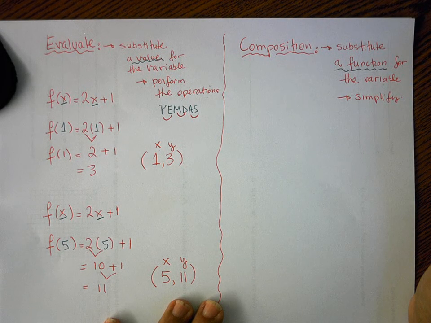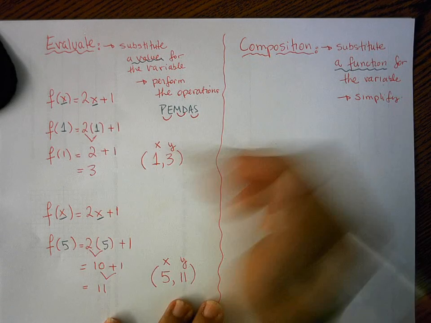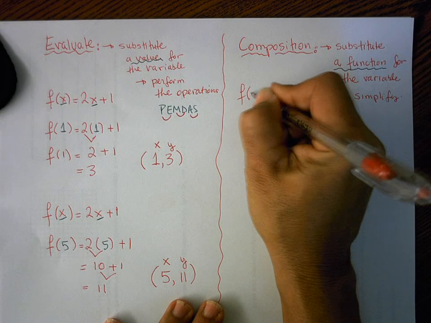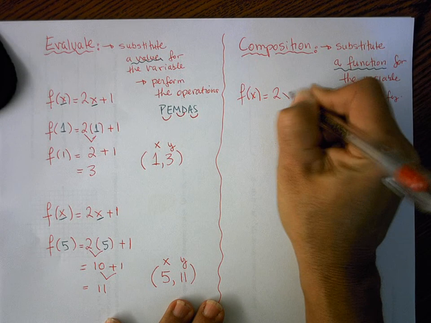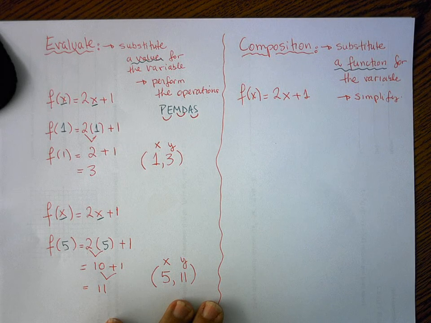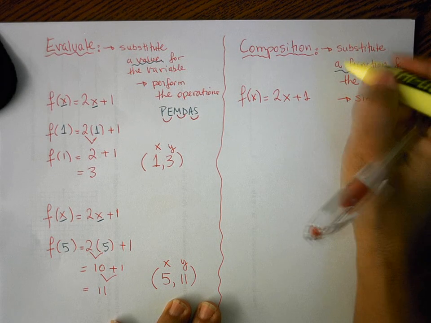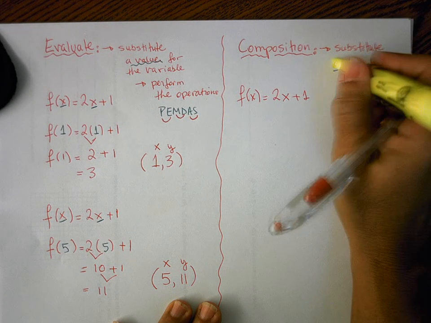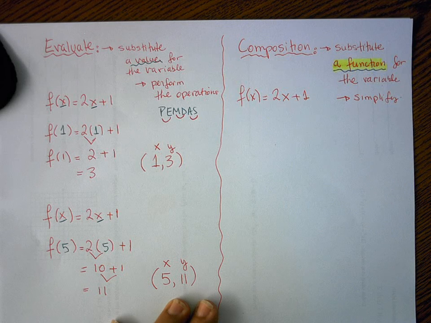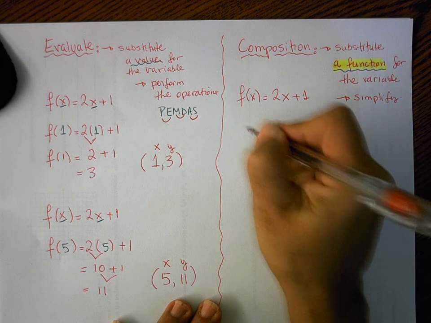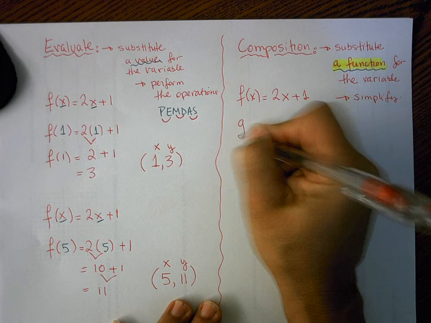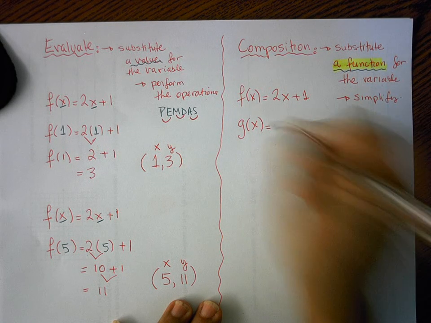So I'm going to use the same exact function right here. I'm going to use f of x equals 2x plus 1, okay? And I want you to plug in another function. So let me highlight this, okay? I mean another function, okay? I want you to plug in a different function instead of an x. So let's go ahead and pick g. Let's label a different function, different name, okay?